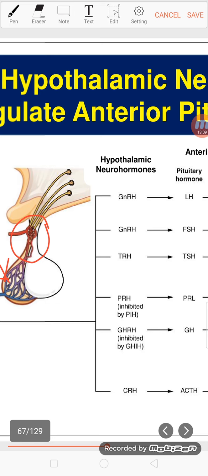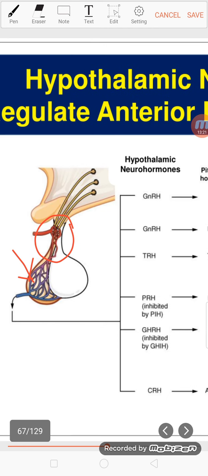We go to the third one. The hypothalamus will secrete TRH. TRH is, if I'm not mistaken, thyroid releasing hormone. Thyroid releasing hormone travels inside that red color capillaries. It will stimulate the anterior pituitary.